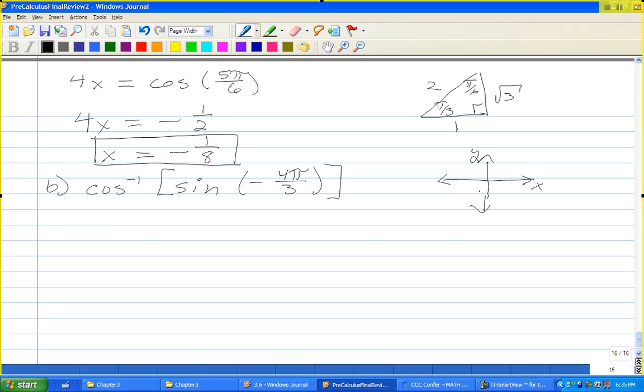We're in the pi over 3. So that's negative 4 pi over 3. So we're in the second quadrant. Okay. Good.